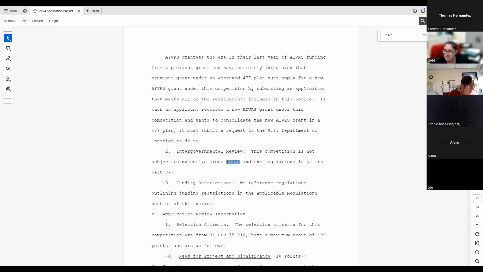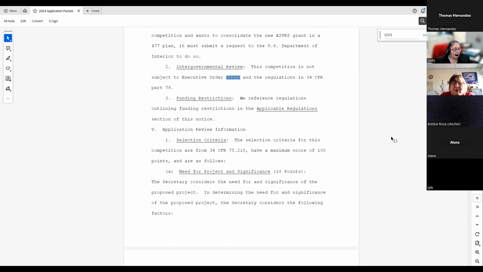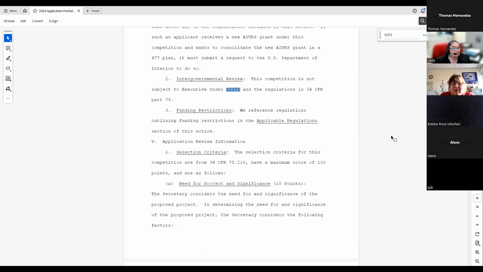Even if you're not funded, the state has no obligation to pick up your caseload. So we can go ahead and email August that. Let me write down these page numbers. Of course, it doesn't have a page number.